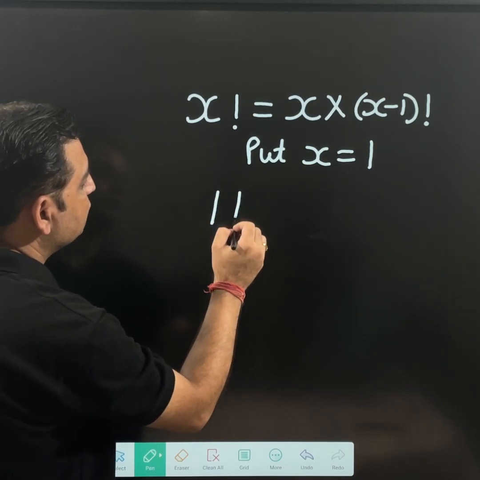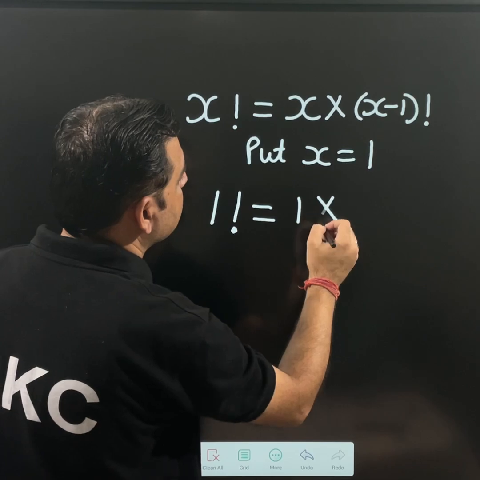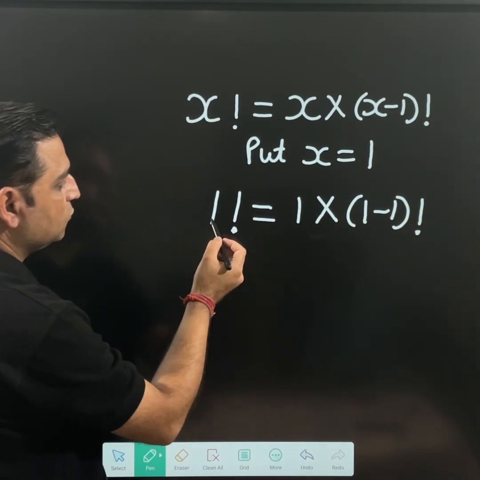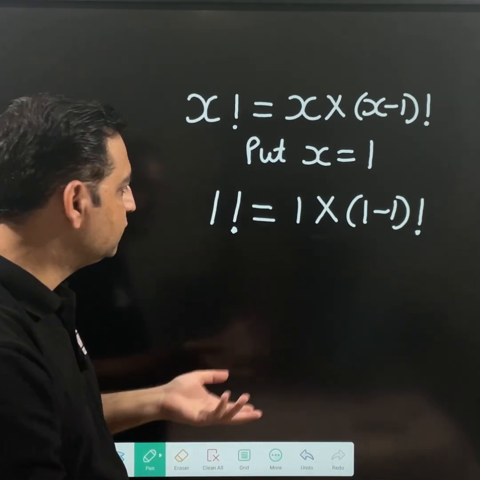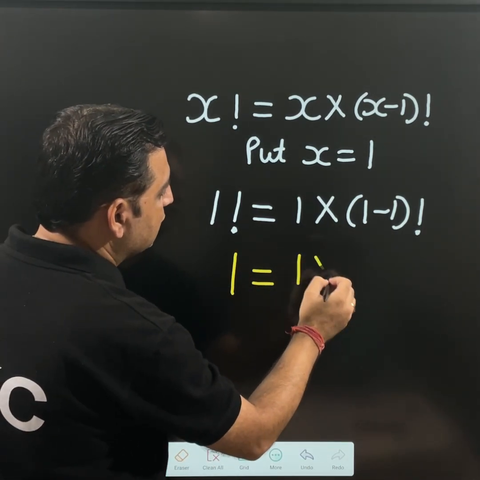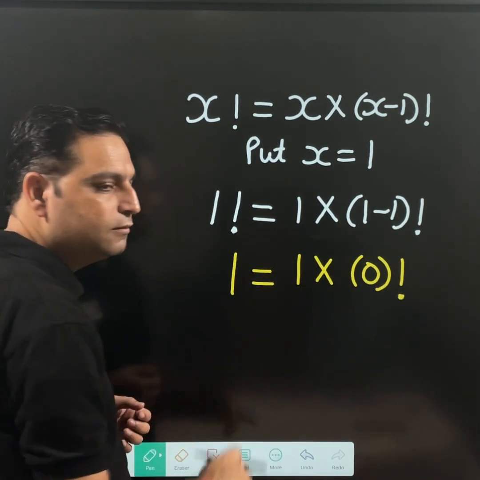My left side becomes 1 factorial. Right side becomes x as 1. This is (1 minus 1) factorial. So 1 factorial is what? We have already studied 1 factorial is 1 only. This is 1 multiply (1 minus 1), which is 0, so this is 0 factorial.